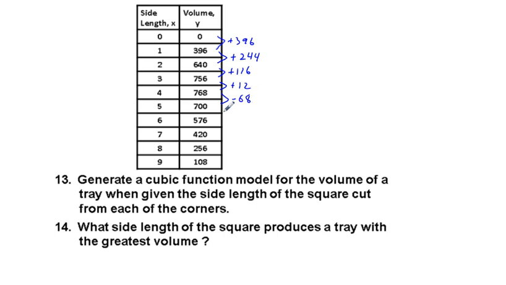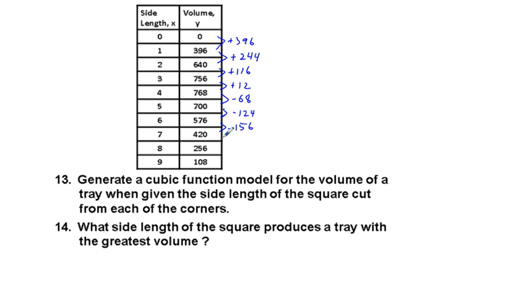Then we have 576 minus 700, which is going to be negative 124. Then we have 420 minus 576. That's going to be minus 156. We have 256 minus 420. So back to the calculator. So we get negative 164 for that.